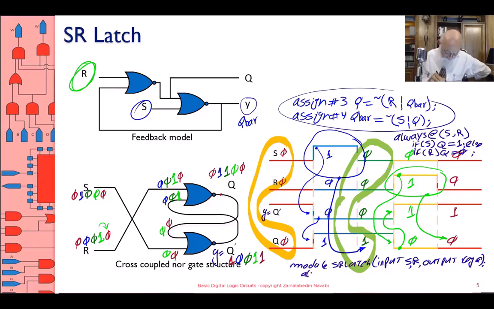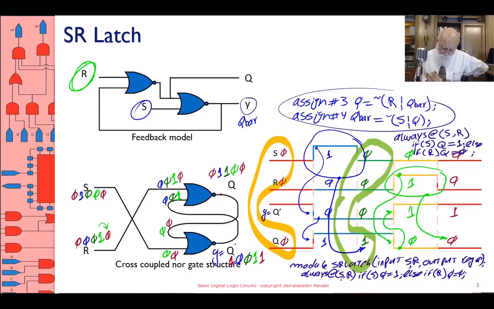Then I say always when S changes or when R changes, flow begins. When flow begins, if S is 1, Q becomes 1, else if R is 1, Q becomes 0.